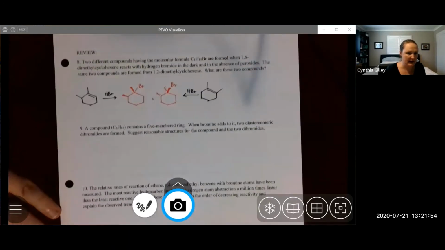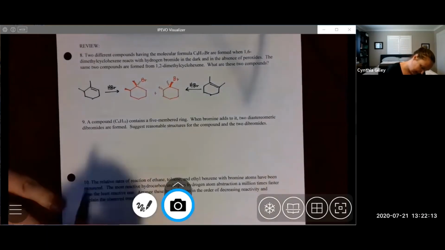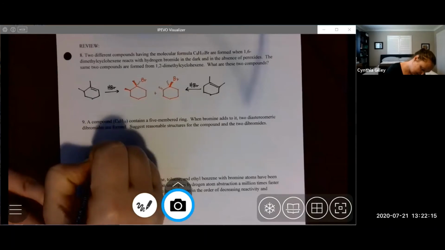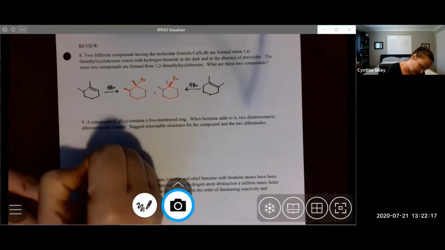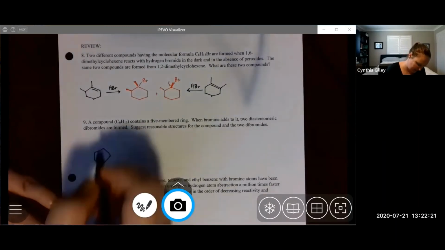Okay, a compound C6H10 contains a 5-membered ring. When bromine adds to it, 2 diastereomeric dibromides are formed. Suggest reasonable structures. So we have a 5-membered ring, and by the way, it's C6, maybe there's a methyl attached somewhere.